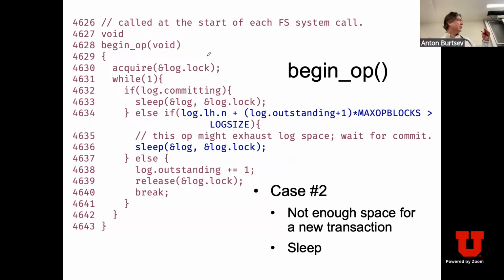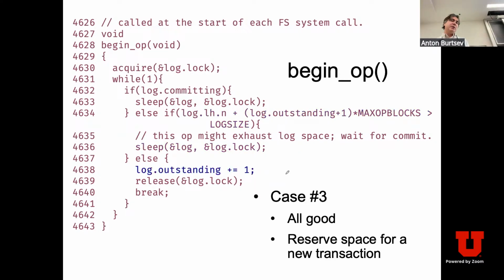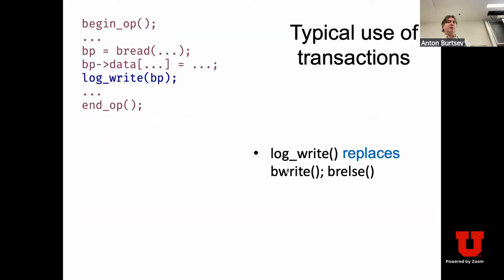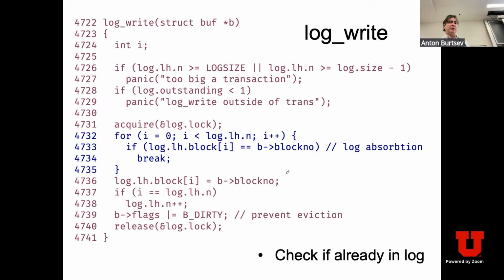The way it's calculated is an upper bound on the size of the transaction. Essentially, no more than a certain number of pending transactions are allowed in xv6. If there is no space, again, you go ahead and sleep, and later you come back when you're woken up. However, if everything is right, you increment this number, another outstanding transaction, you release, and there is this log_write function, which I was just explaining.